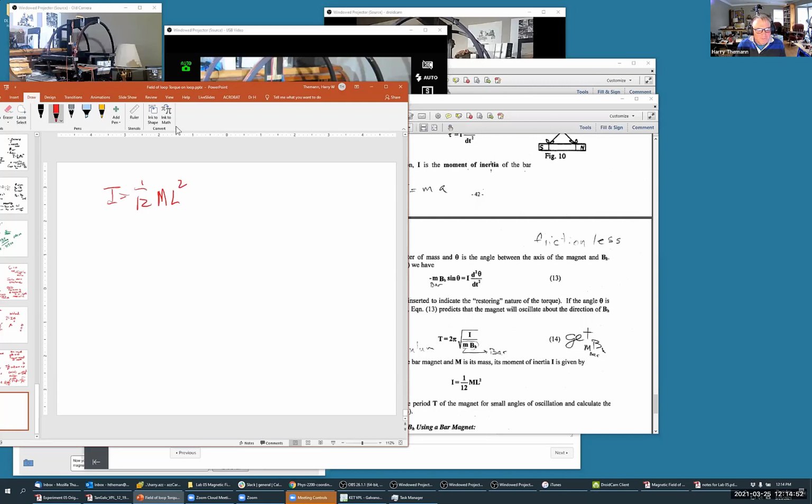So if we measure the period T, we get some number, let's call it A. We can solve for MBH, and that's going to be, let's see, T equals 2 pi square root of I over MBH.